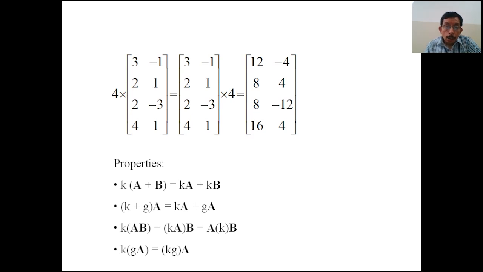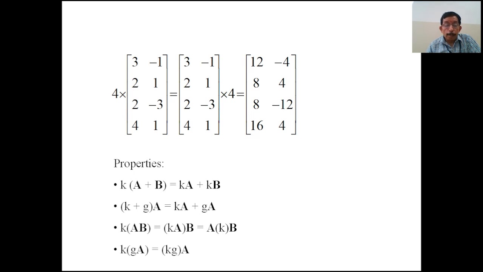Is it clear? Now we multiply one by one each element of the matrix A. First we multiply 4 by the first row, first column element 3: 4 times 3 is 12. Now 4 times the first row, second column, minus 1, is minus 4. Now 4 times the second row, first column, which is 2, 4 times 2 is 8.